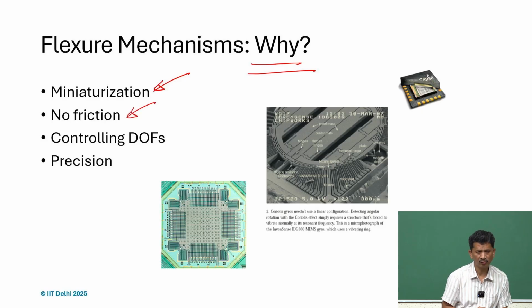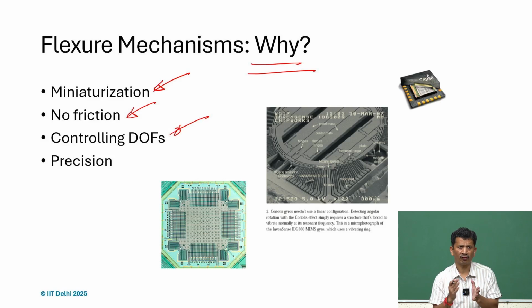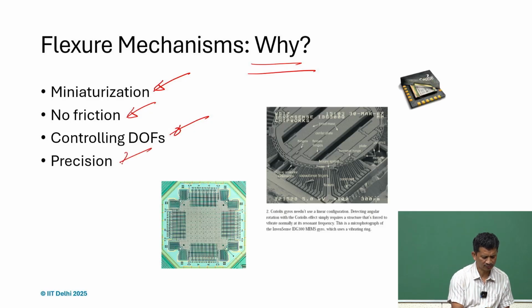Friction is not involved, and therefore the precision is better. With forces of that order, if there is friction involved, that can be catastrophic, so that is not involved. Yes, we can control degrees of freedom, so we can adjust, we can realign, and can get the precision that is required.